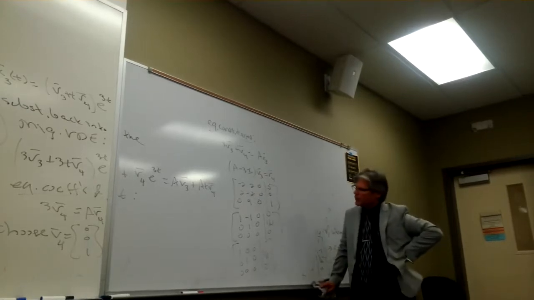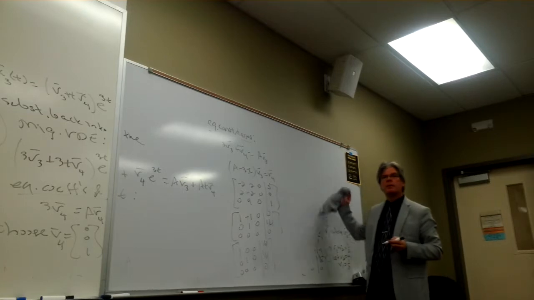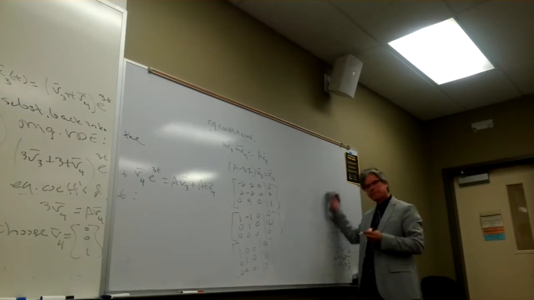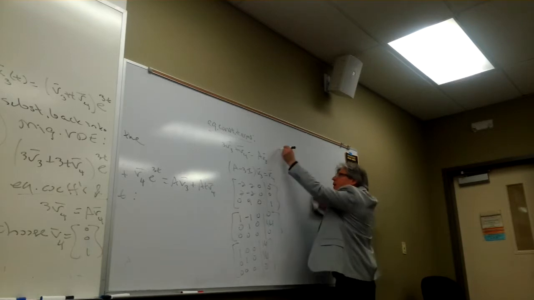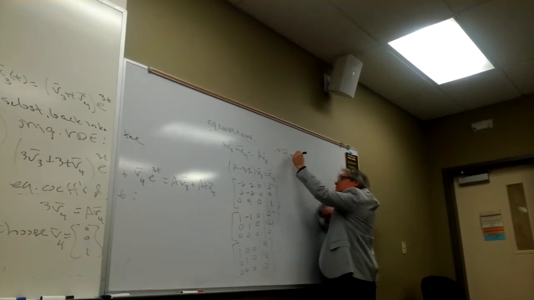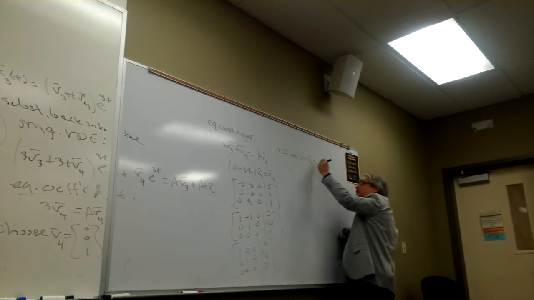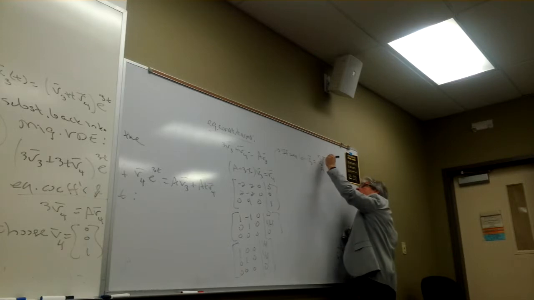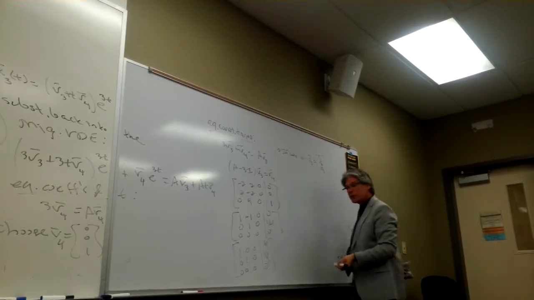What's the first line? Is that going to be positive 1 quarter? Well, let's rewrite, see what that really says. If I let the v3 bar have these components, v1, v2, and v3, then these equations tell me the following.